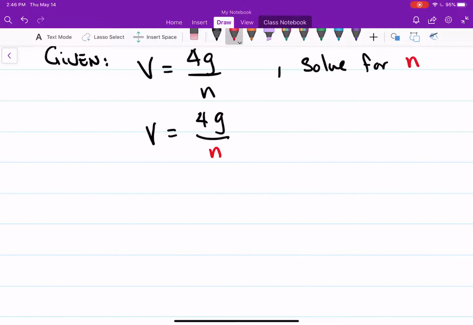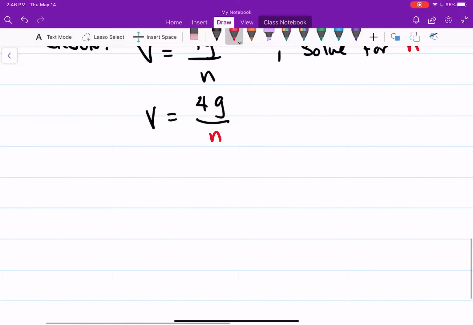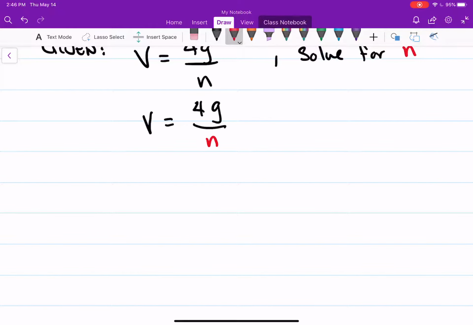So how do I do it? Here is what you would do. I would multiply. So if this was a 2 and I wanted to get 4g by itself, you would just multiply by n. So when I do that, what happens? I get nv is equal to 4g.